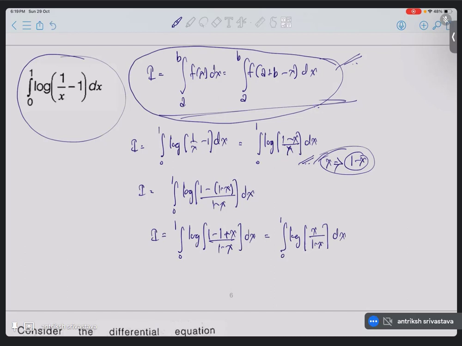If you are familiar with your logarithms, then you will remember that log of a/b is equal to minus log of b/a, right? I hope you all remember this.